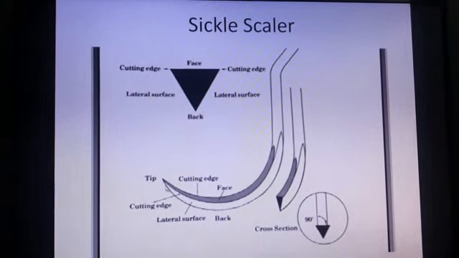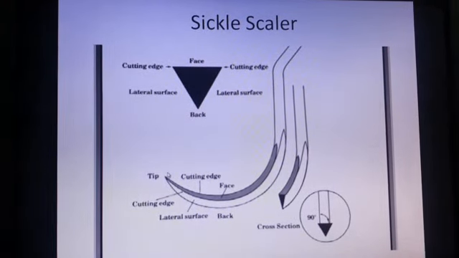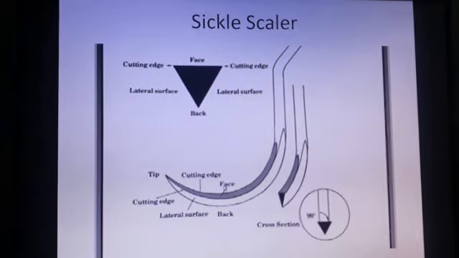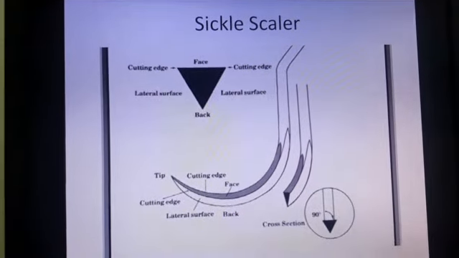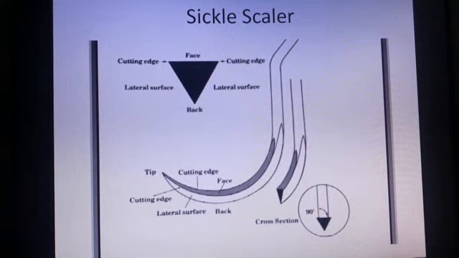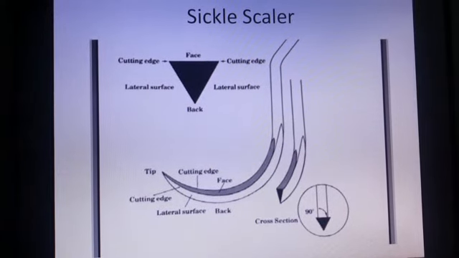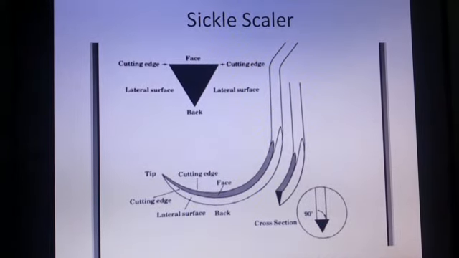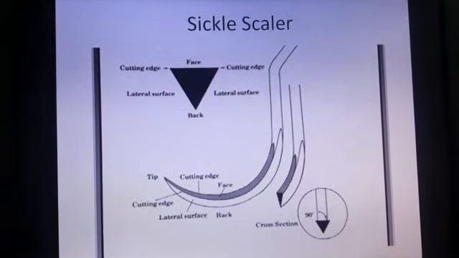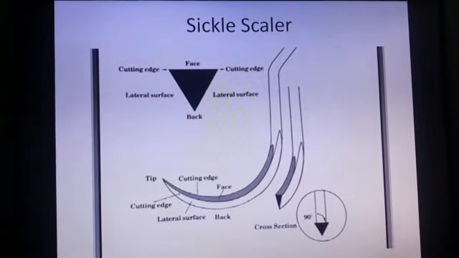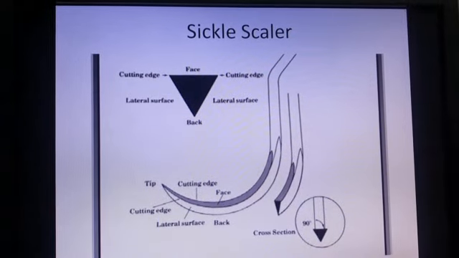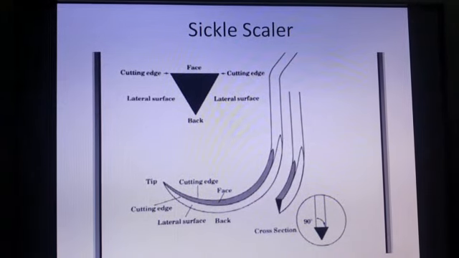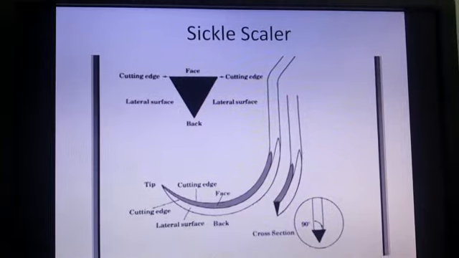These 2 lateral surfaces form the pointed tip with the 2 cutting edges and cause the blade to be bulky. So if this instrument is used subgingivally, it causes trauma to the gingival tissues. That's why it is mainly used for supragingival scaling. In cross section, the working end forms a 90° angle to the lower shank.